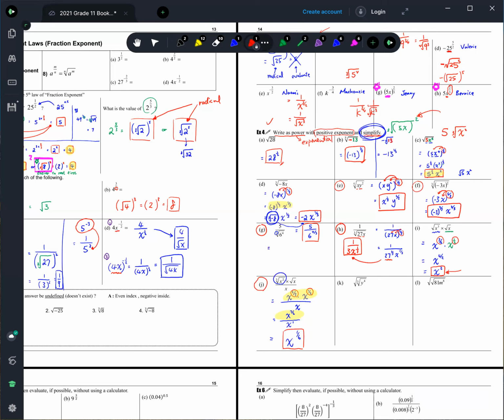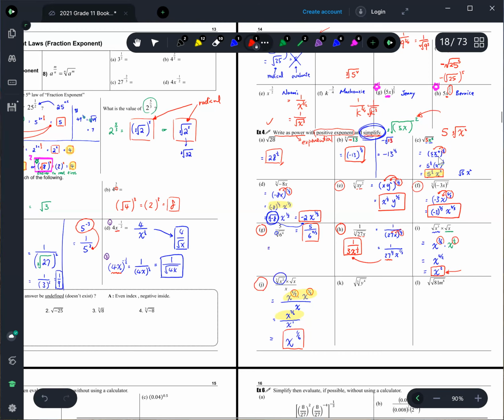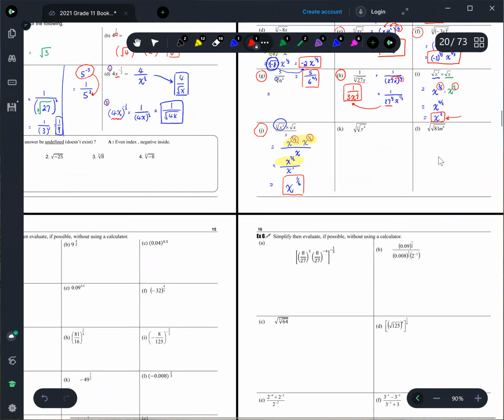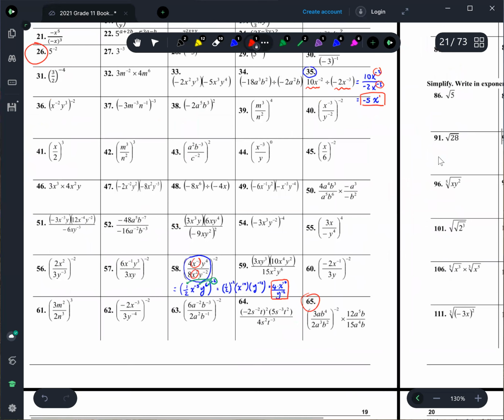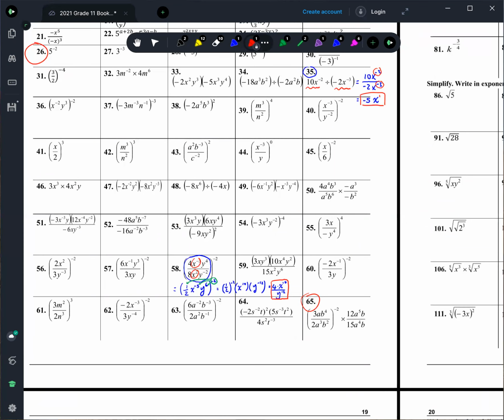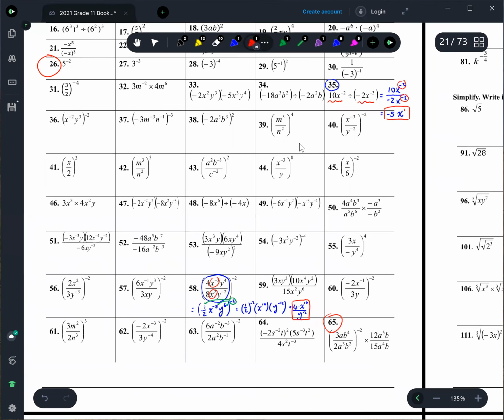Okay, so we have Shanier and Tony. How much more do you guys have? I'm at 49. 49. Okay. How about you, Shanier? Which question are you on? I'm on the last 2 rows.